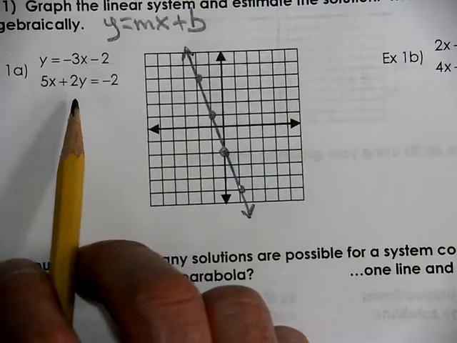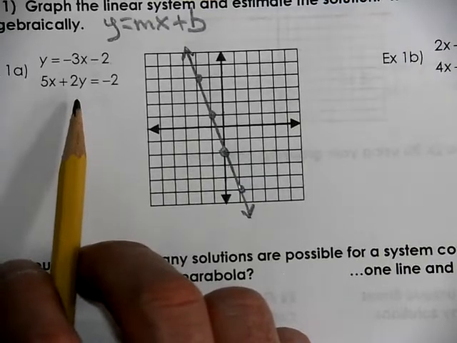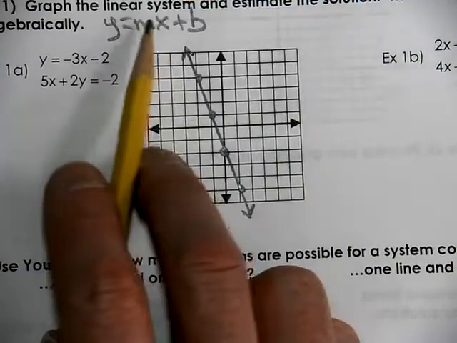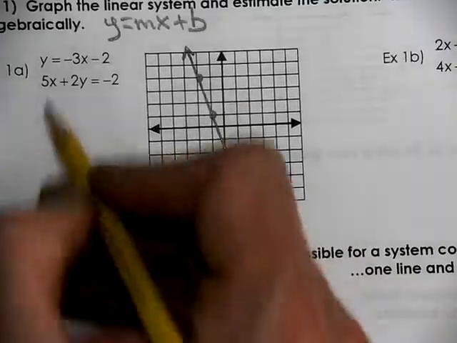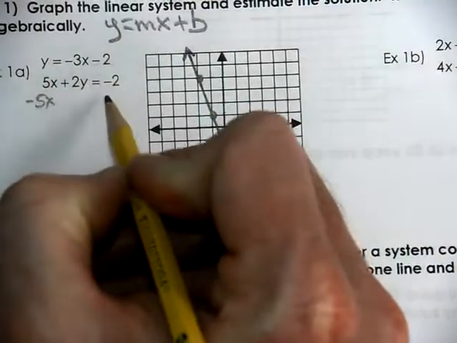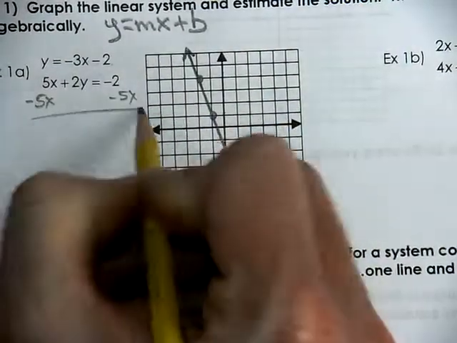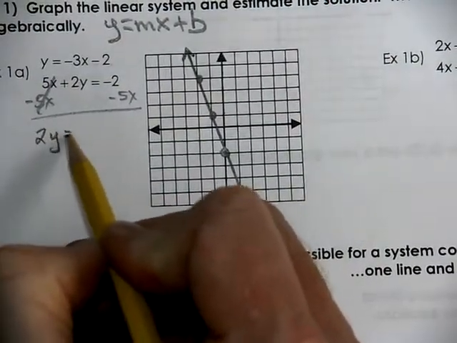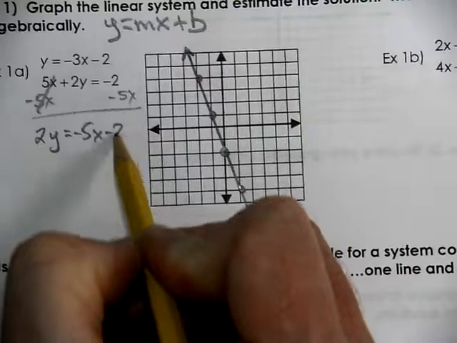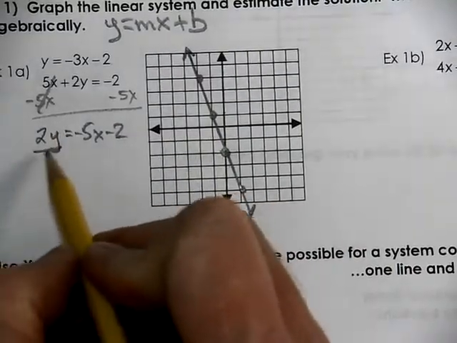Now we come down to our second equation. Our second equation is not written in that form. So if we want to convert it into that form, then we're going to need to subtract over our 5x and divide everything by 2.